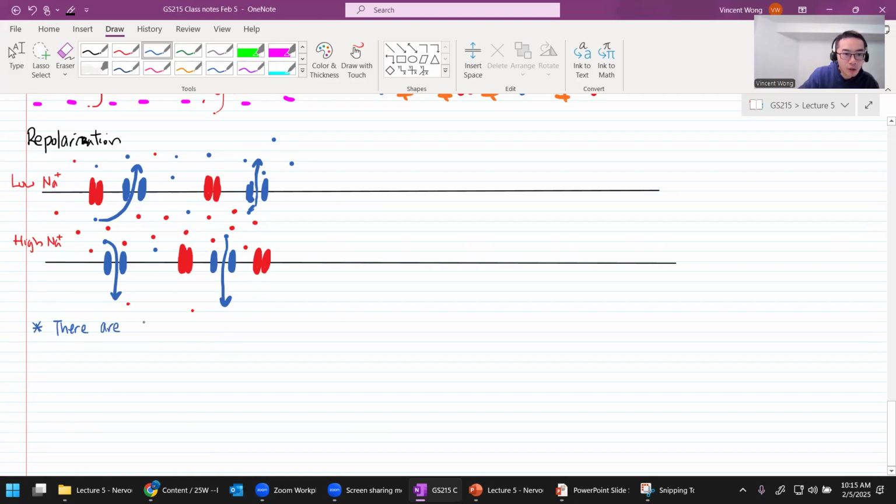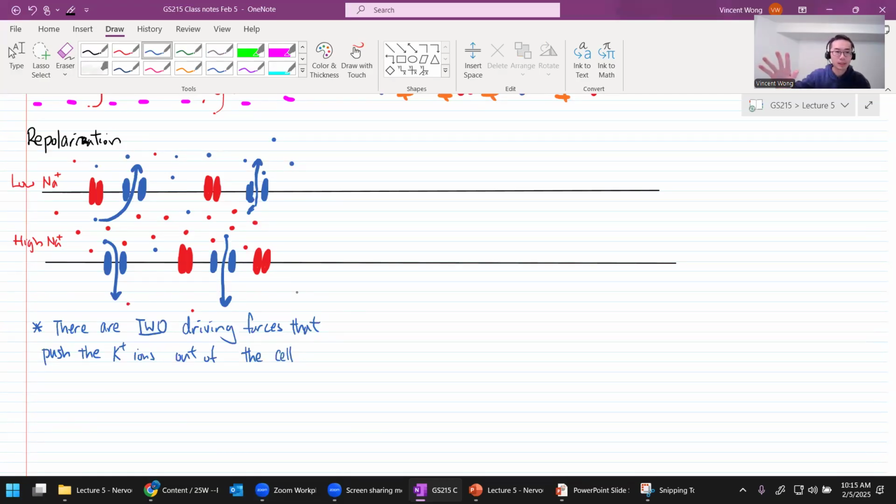There are two driving forces that push the potassium ions out of the cell. Okay. There are two driving forces that would push them out.